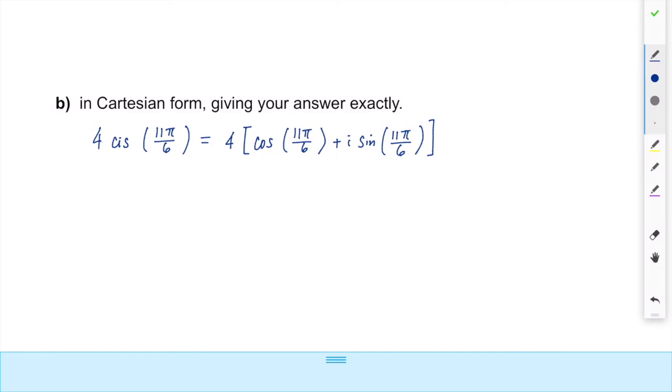So we're in quadrant 4. All right, we're right here. That means that cosine is positive, but sine is negative. So pi over 6 cosine would be root 3 over 2. And then minus i times a half. This is going to reduce by 2, 4 reduced by 2, so 2 root 3 minus 2i would be the exact answer in Cartesian form.